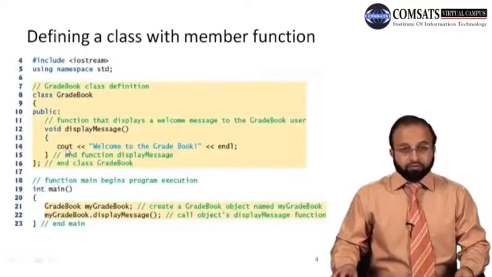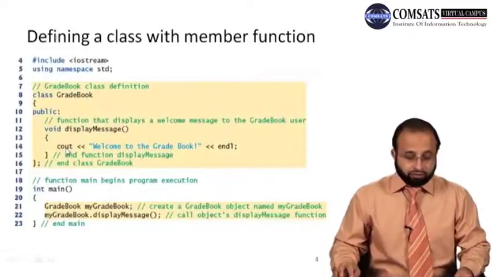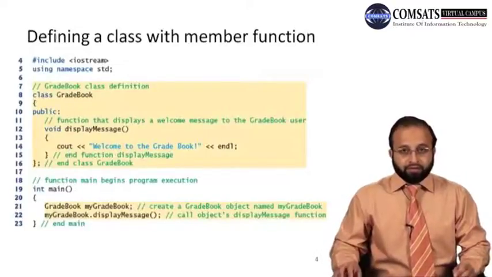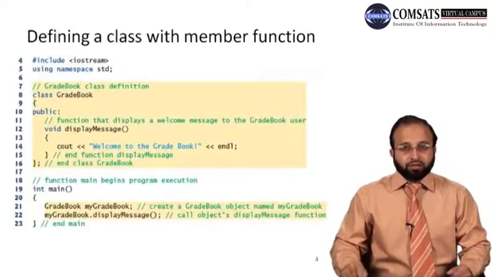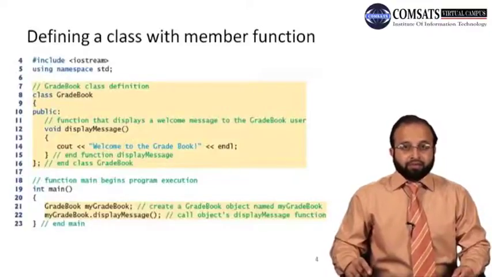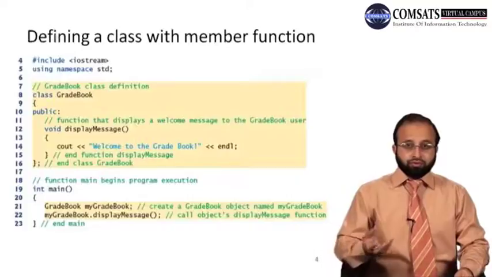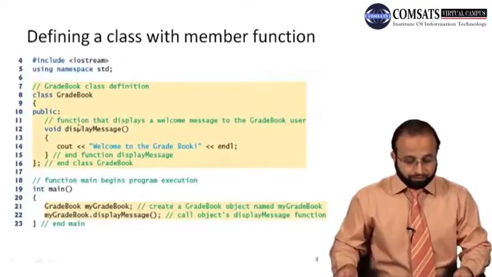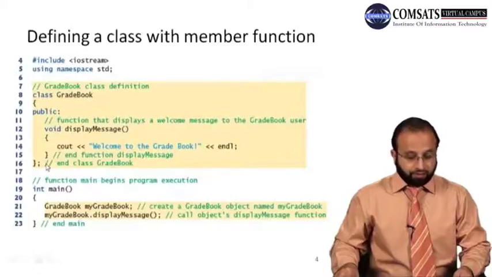And cout, if you remember from the previous lecture, is used like printf. If you want to display some message on the screen, you can use cout. We will see different usages of cout and cin. Cin is like the scanf function in C, used to take input from the user. Then this is the end of the function, and the end of the class definition.